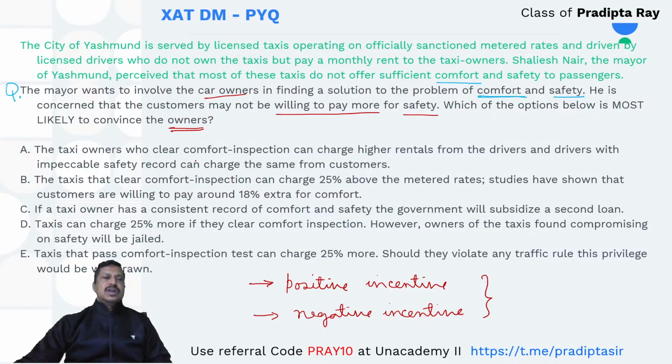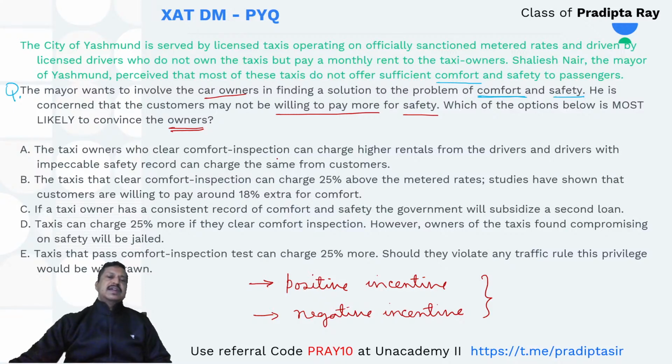Taxi owners who clear comfort inspection can charge higher rentals from the drivers, and the drivers with impeccable safety record can charge the same from customers. Right. So see, this I believe is quite difficult, making things more complicated.